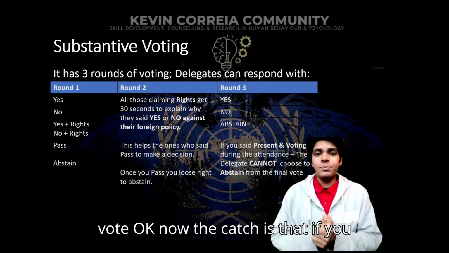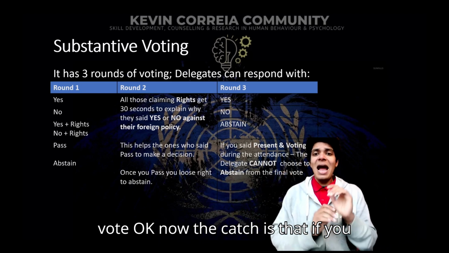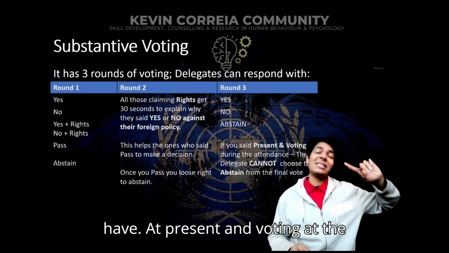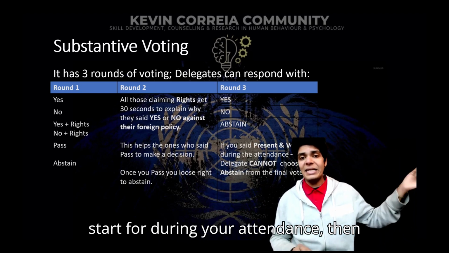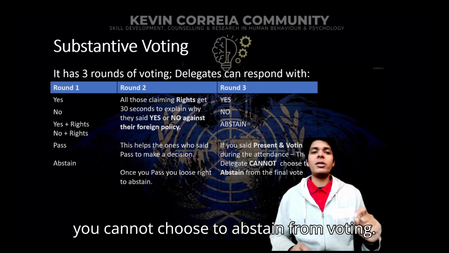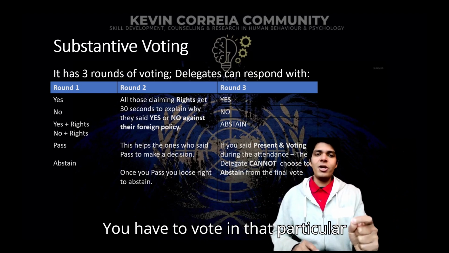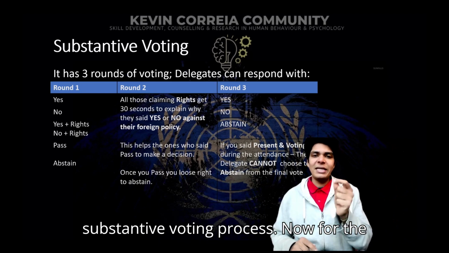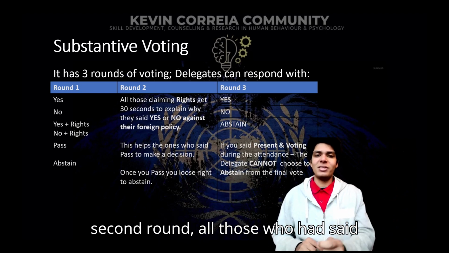Okay. Now, the catch is that if you have said present and voting at the start during your attendance, then you cannot choose to abstain from voting. You have to vote in that particular substantive voting process.